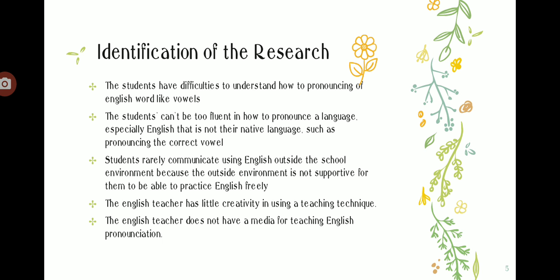And the third, students rarely communicate using English outside the school environment because the outside environment is not supportive for them to be able to practice English freely. And the fourth, the English teacher has little creativity in using teaching techniques. And the fifth, the English teacher does not have media for teaching English pronunciation.